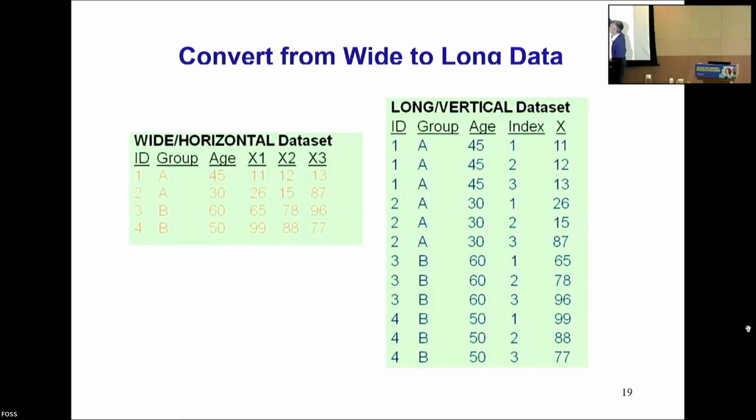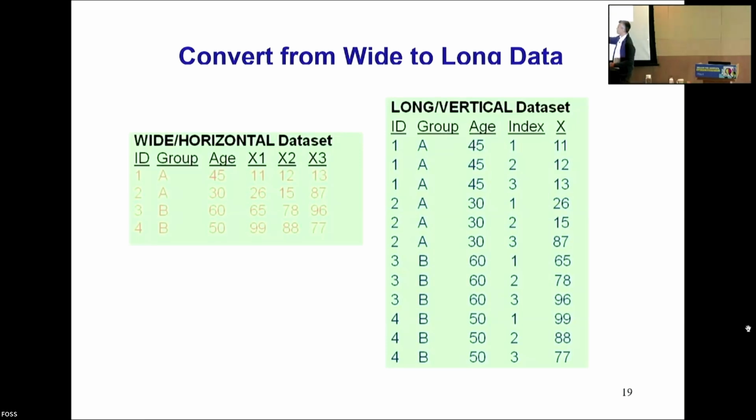So you can see that this one person has been split up into three rows, and similarly, the second person has been distributed into three different rows. So now our unit of analysis, remember, each row is a unit of analysis, is no longer the person, but the occasion that we measure the person. And these occasions, 1, 2, 3, are grouped within a single person.